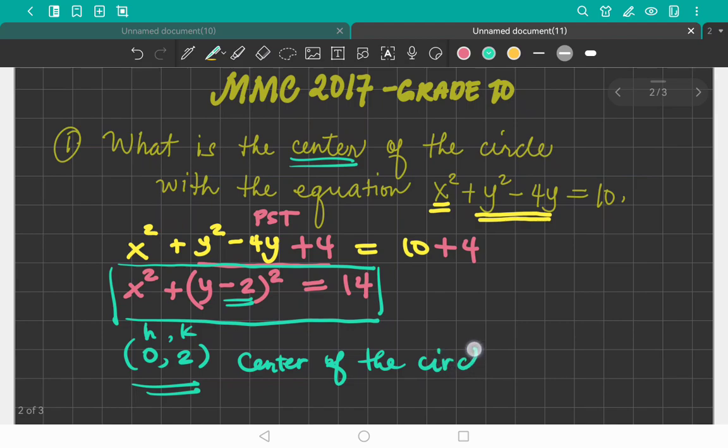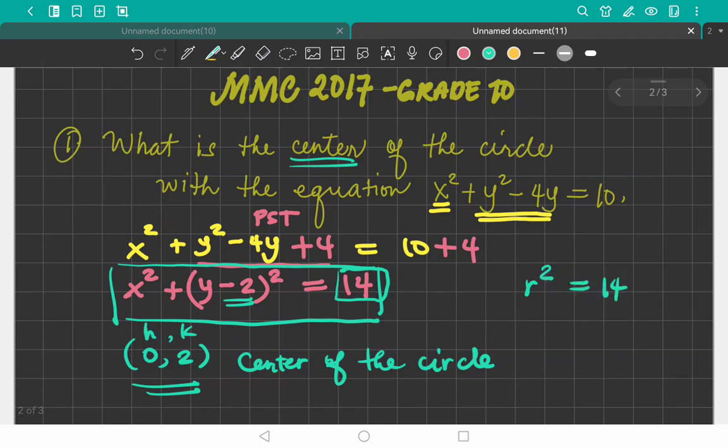With the equation given a while ago, which is x squared plus y squared minus 4y is equal to 10. Now, in case we're looking for the radius of the circle, we just take this one, 14. So remember, that is r squared is equal to 14.